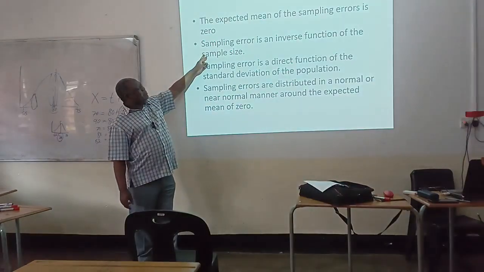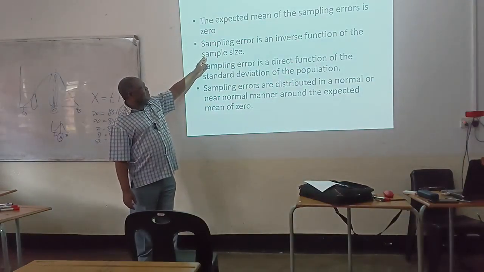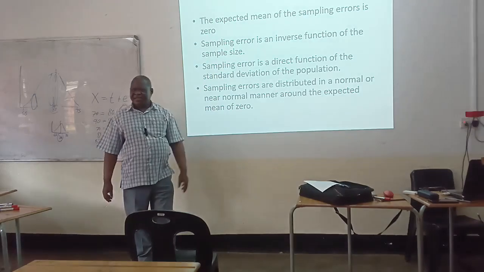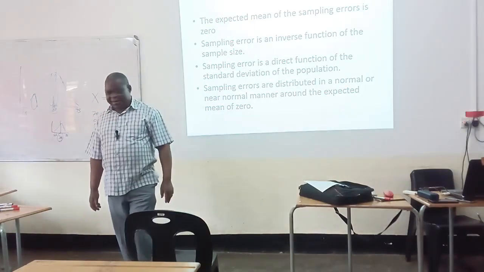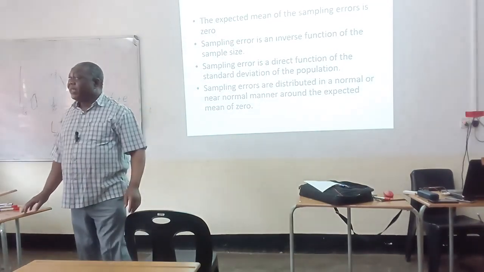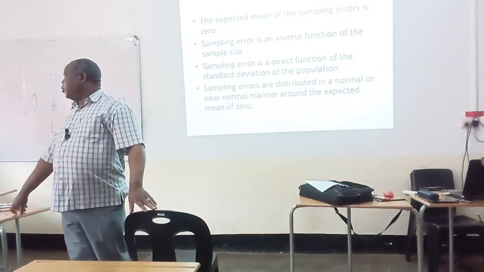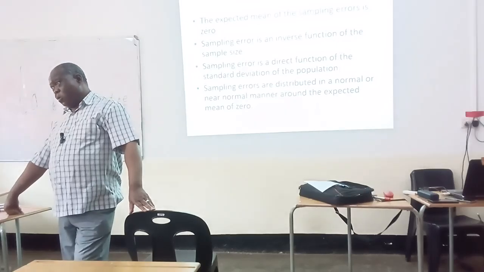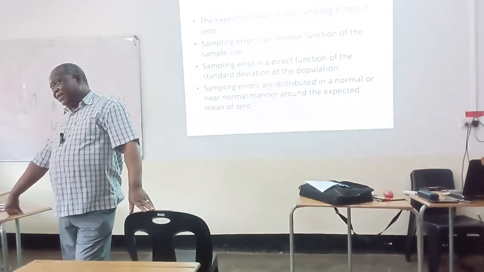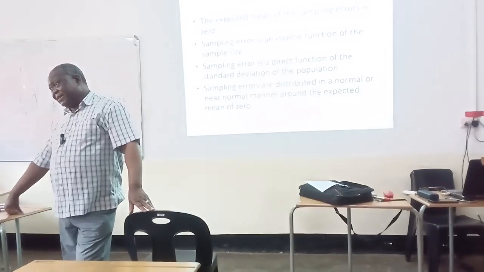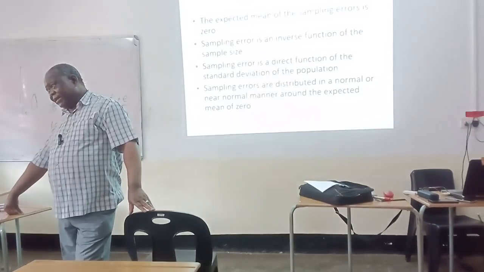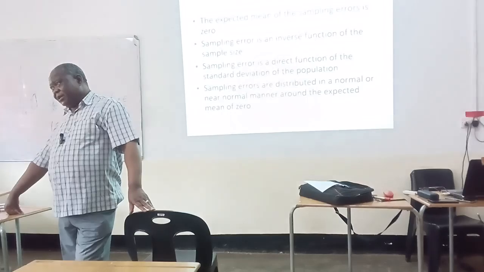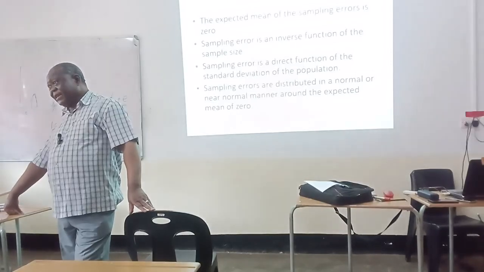The other predictable behavior of the sampling errors comes from what I said the other day on the golden rule of sampling. The larger the sample size, the more representative it is of the population. The smaller the sample size, the less representative of the population.